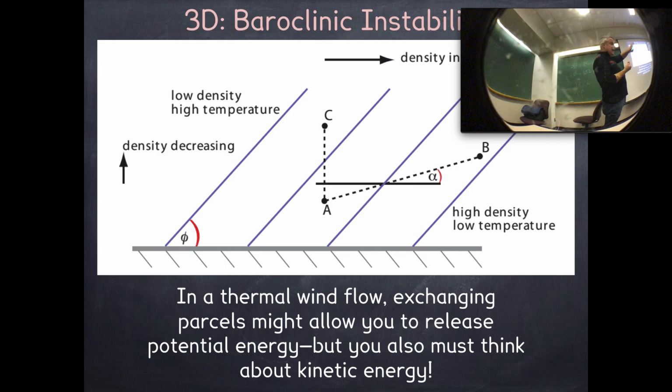So if I put a flow like this, and I make this denser than this, I could still get a Kelvin-Helmholtz instability on that interface.